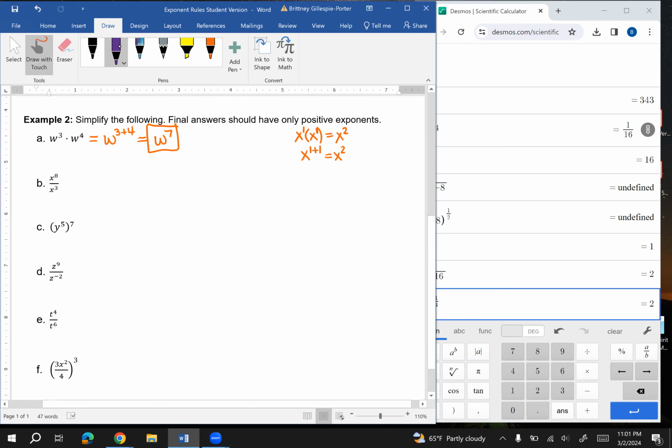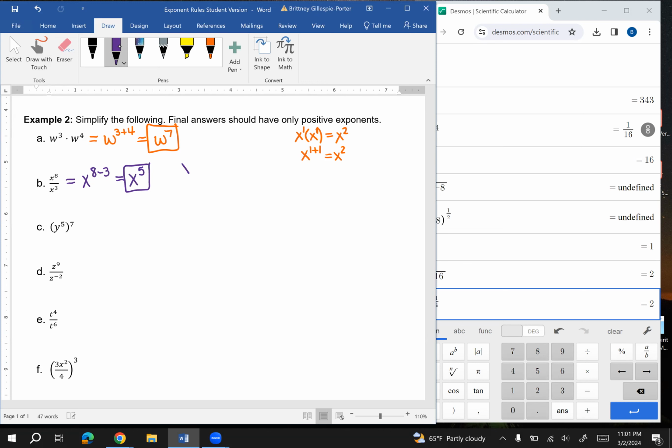Whenever we have division, division makes us smaller, and so does subtraction. So we're going to have x to the 8th minus 3, which gets us x to the 5th.